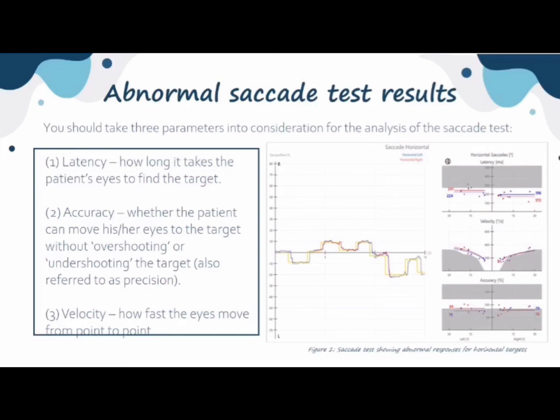As you can see in the chart, first, latency: how long it takes the patient's eyes to find the target. Second, accuracy: whether the patient can move his or her eyes to the target without overshooting or undershooting the target, which is also referred to as precision. Third, velocity: how fast the eye moves from point to point.